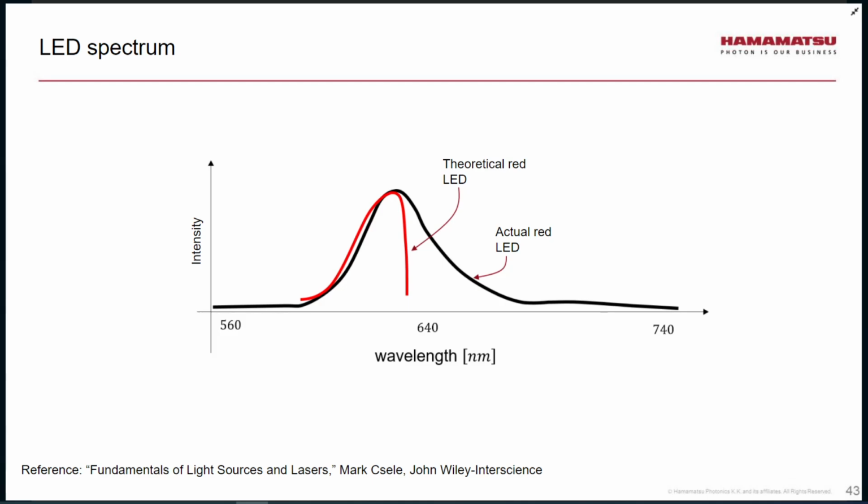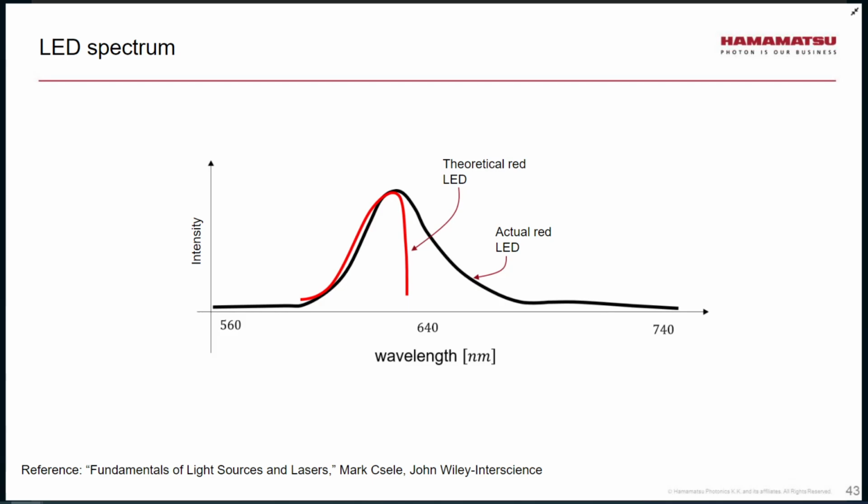This plot shows the spectrum. The expected spectrum is shown in red with a cutoff, and that cutoff would be determined by the bandgap energy. It turns out that the real LED does not really follow the theoretical spectrum. It kind of has a Gaussian-like bandwidth.